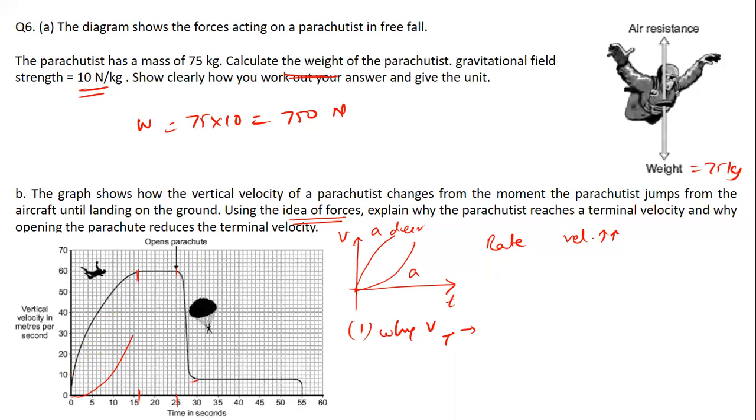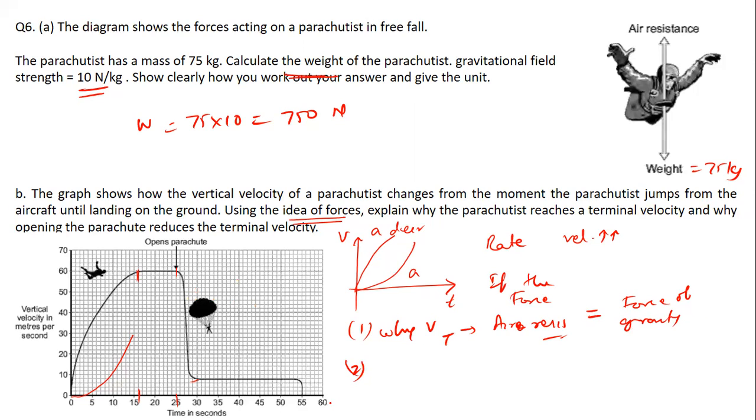It's when the force of the air resistance will be equal to the force of the parachutist. Yes, because of the force of air resistance. If the force of air resistance is equal to the force of gravity, if they balance each other, then he attains the terminal velocity.